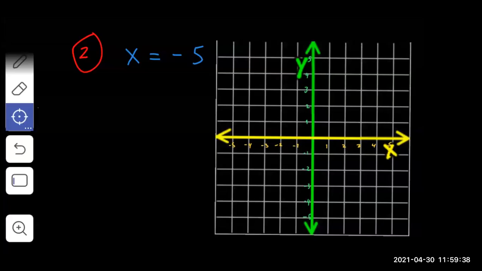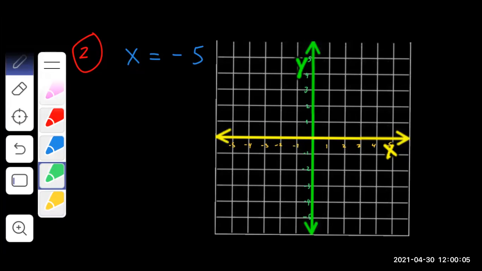Okay, another one. This is gonna be a piece of cake. Again, we notice that this is a special function since we don't have y, right? So do we need to make a table? No, it's not necessary because these are constant functions. How do we do that? We only need to look for this value, x equals to -5. 5 is positive, the negative is on the left side. -1, -2, -3, -4, -5.